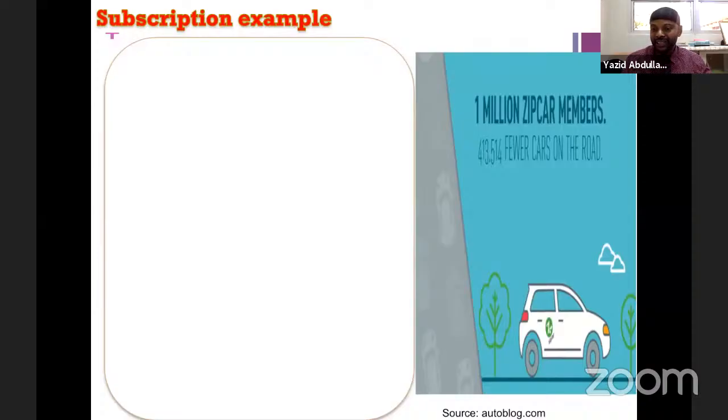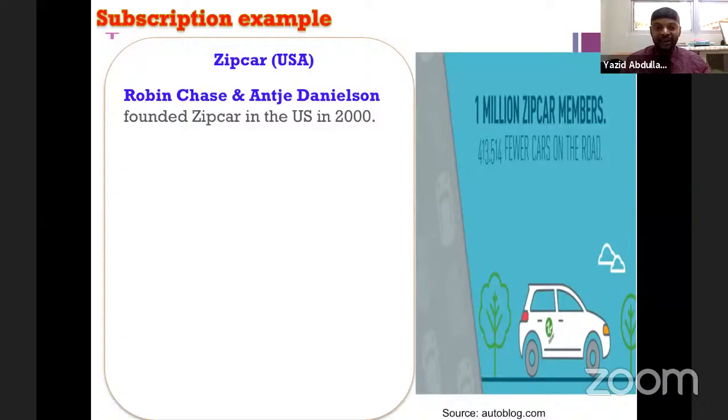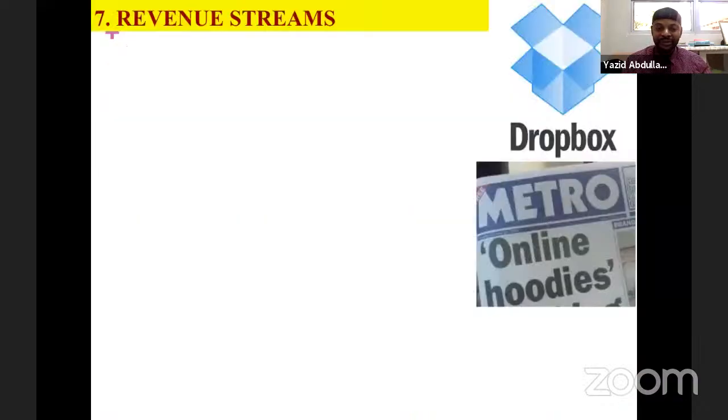So you go to their website, you pay $100 or so monthly, every month you pay $100, and they have a lot of cars, hundreds of cars parked. You use your membership card to go and unlock the car and you drive it. You go wherever you want. When you finish, you park it. So you can do car subscription. So the name of the company is Zipcar, founded in US. It was founded in the year 2000. And their main source of revenue is car subscription. So you don't own a car, but you subscribe for the car. Okay?